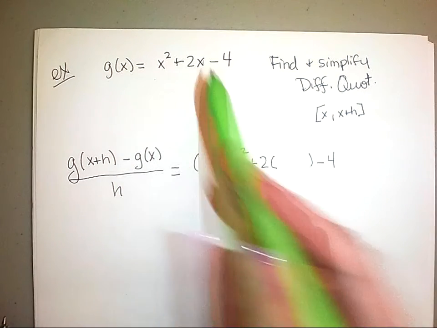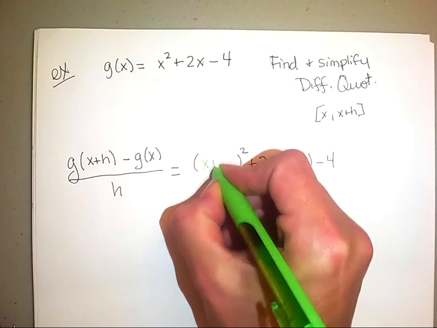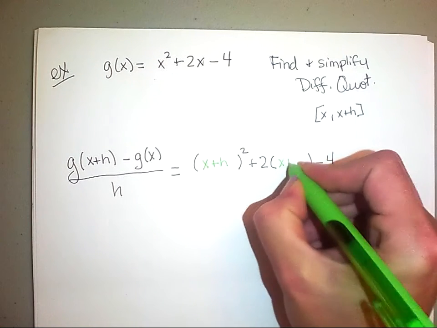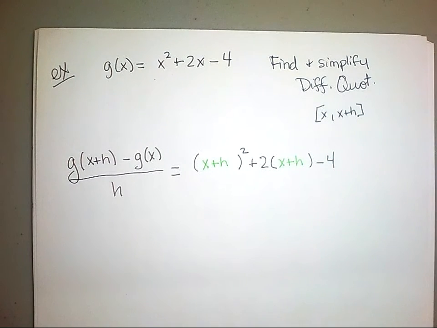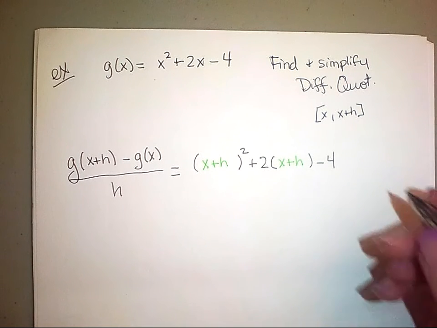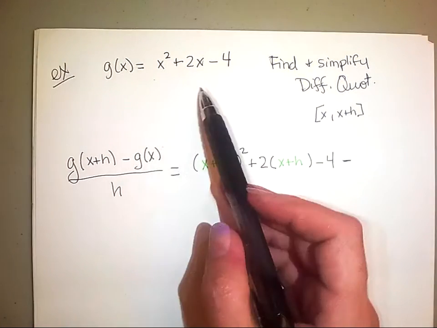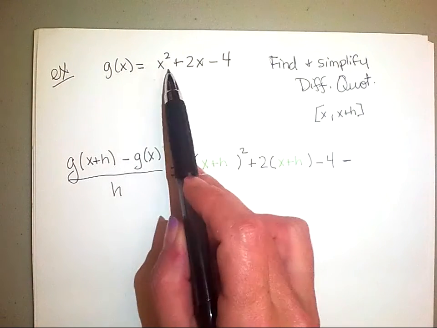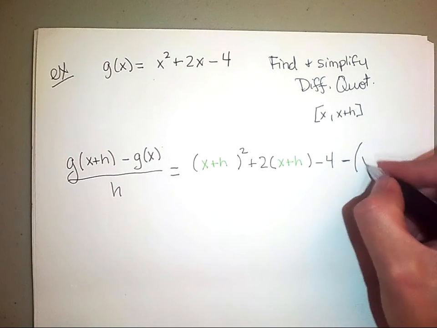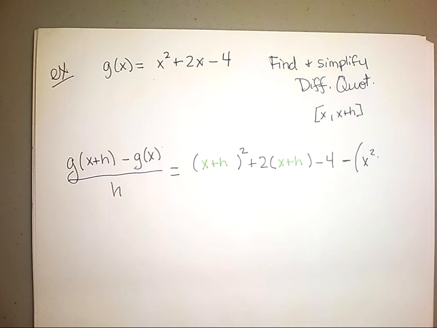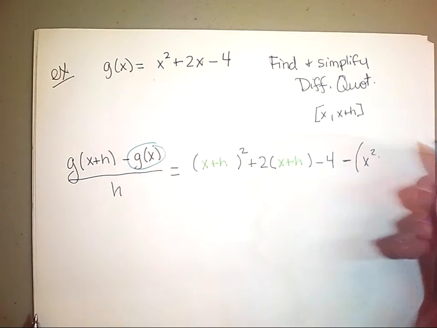Okay, so here we go. Now, the function evaluated at x plus h, g is something squared plus 2 times that something minus 4. That's the form of g of x. So if I'm evaluating it at x plus h, I put in x plus h there.